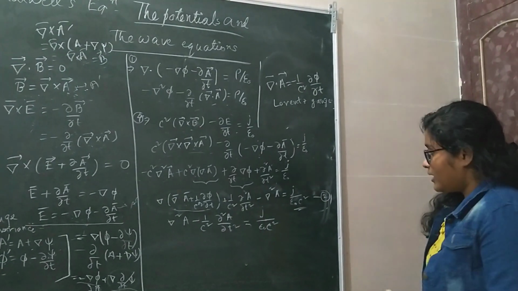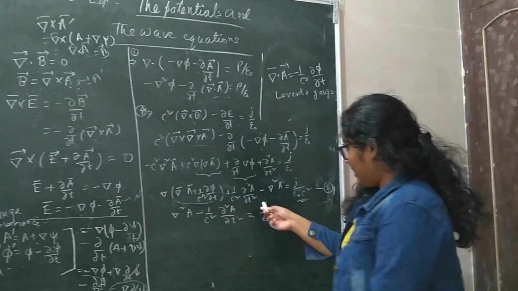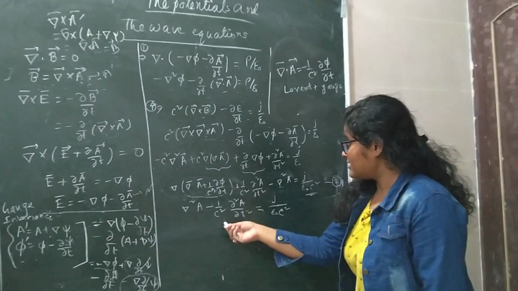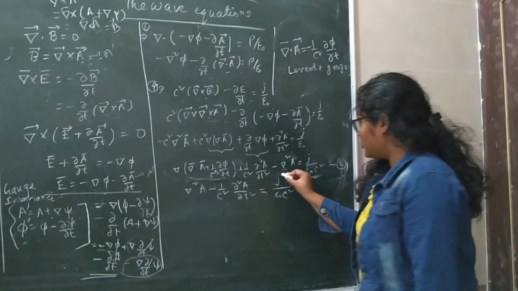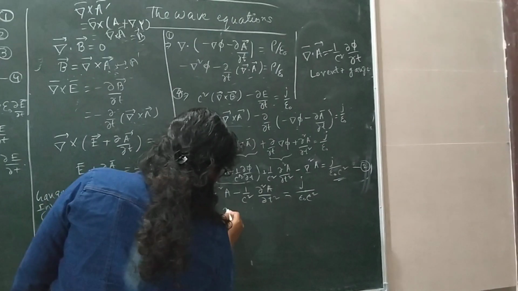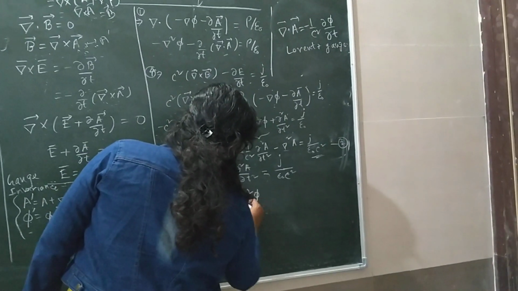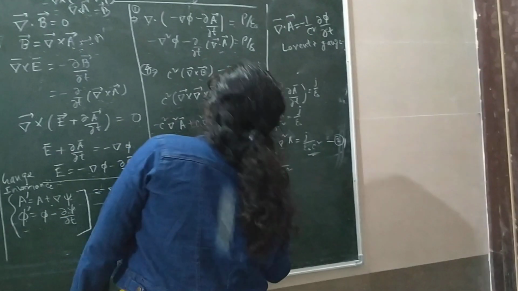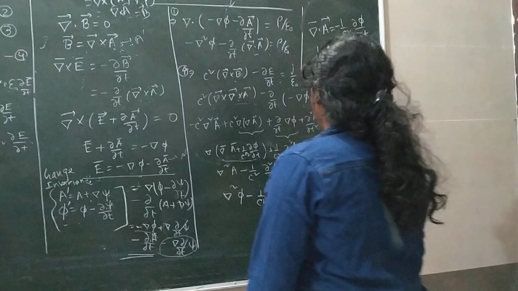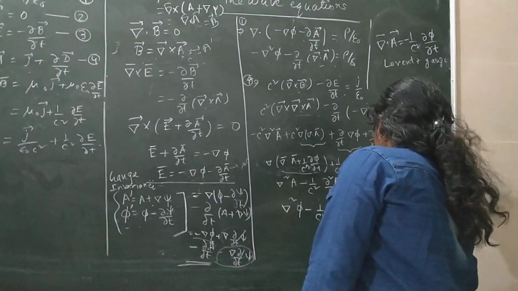Okay, so if I take Lorentz gauge, this term will be 0 and I will be left with del square A minus 1 by c square del 2A del t2 equals to j by epsilon naught c square, and del square phi minus 1 by c square del 2 phi by del t2 equals to minus rho by epsilon naught.